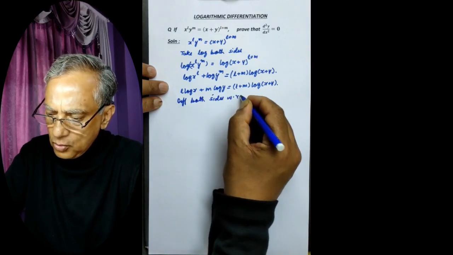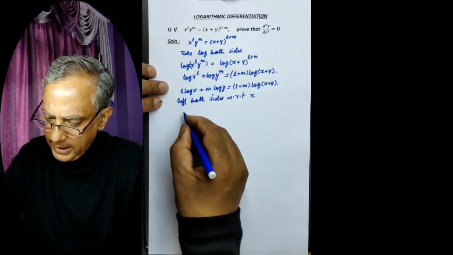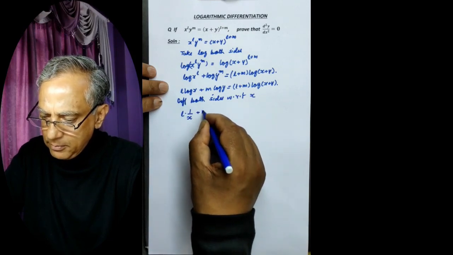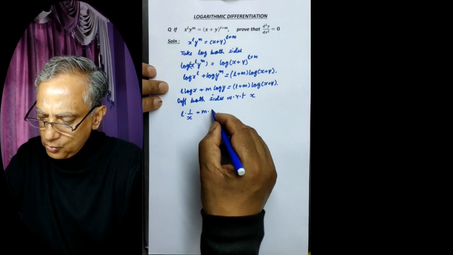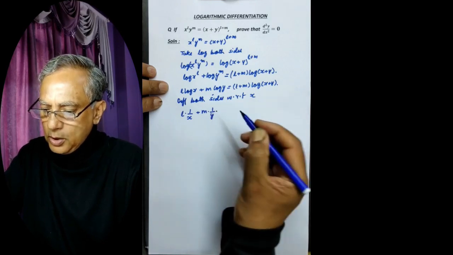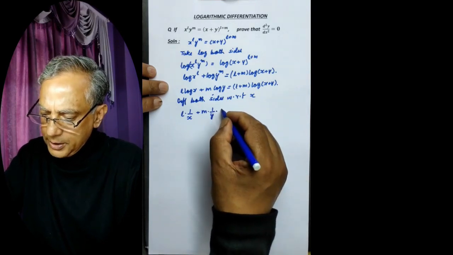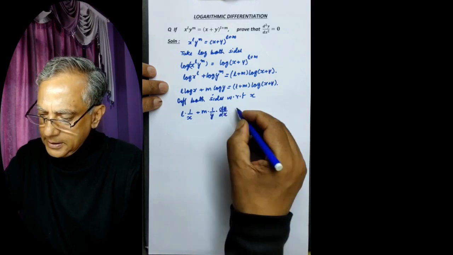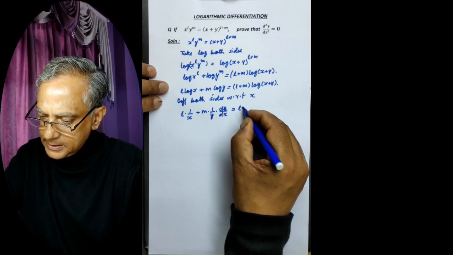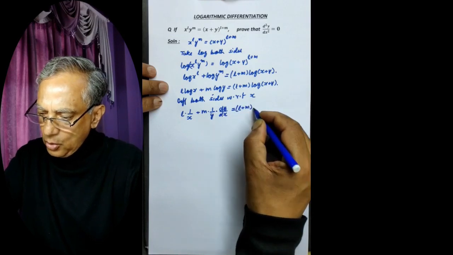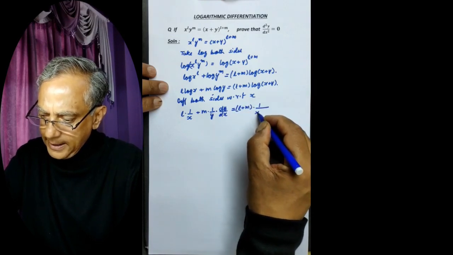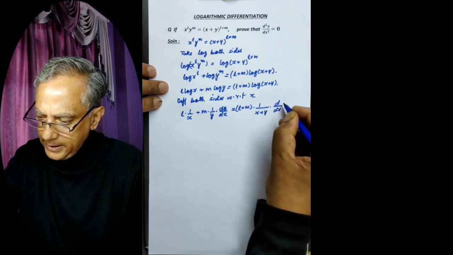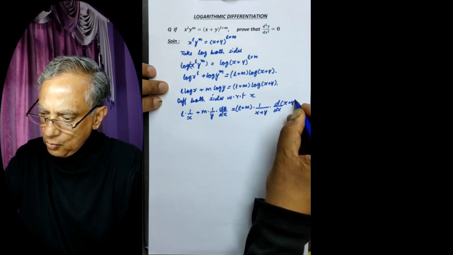with respect to x. So what we get is L into 1 by x plus m into differential of log y, which is 1 by y into differential of inner function. Differential of inner function will be dy by dx. This is equal to L plus m whole into 1 upon x plus y into differential of inner function, d by dx of x plus y.